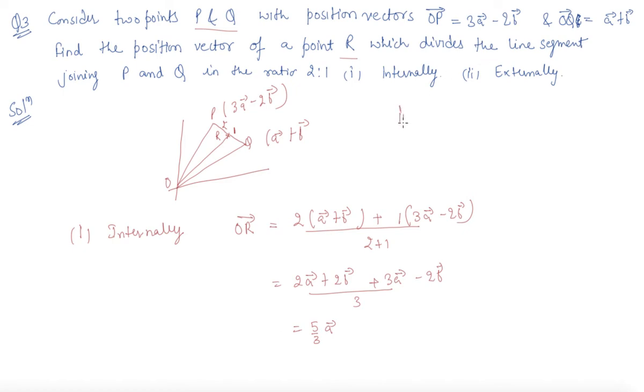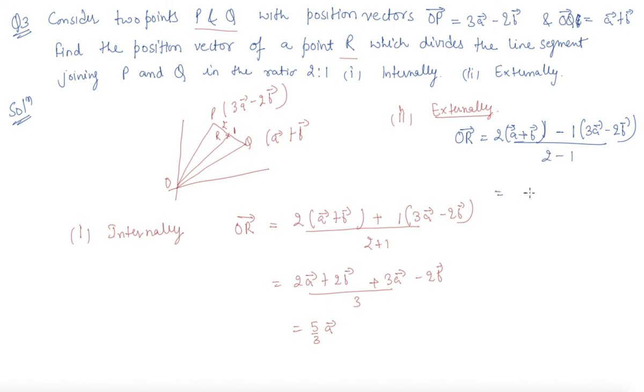Okay, so now the second case, externally. What is the difference between when R divides internally and externally? In place of the plus sign, it will be replaced by a negative sign. Now the OR vector will be 2 times a plus b vector minus 1 times 3a minus 2b, over 2 minus 1.